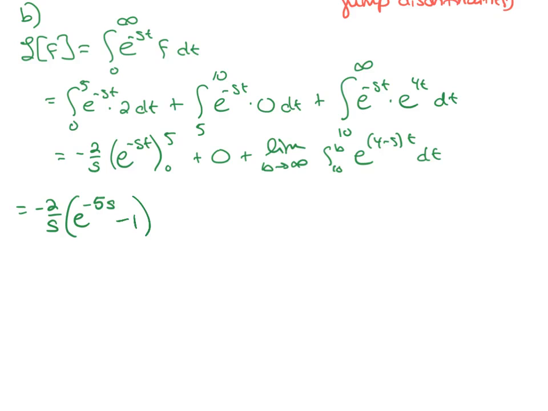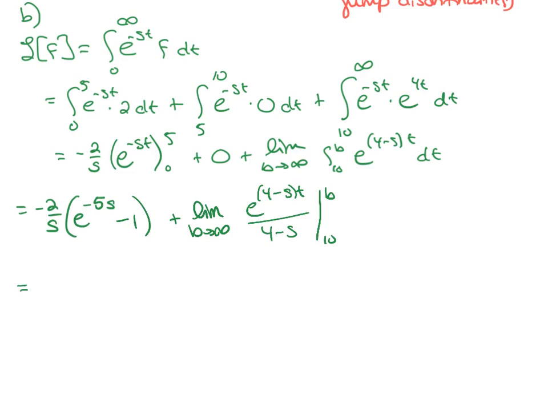And then the last integral, the limit as b goes to infinity. Let's see. Oh, we've done stuff like that. So this is e to the 4 minus s times t divided by 4 minus s from 10 to b. So I'll plug in b and plug in 10.